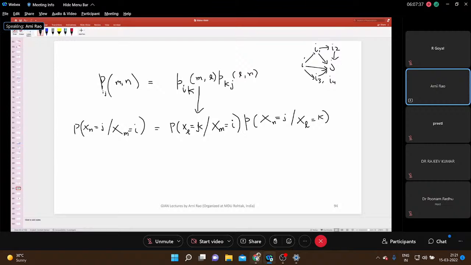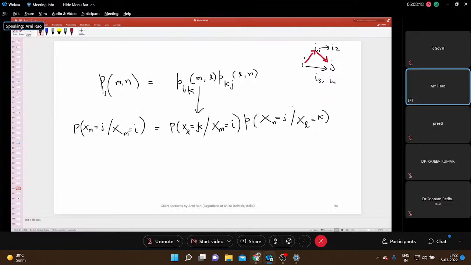It need not be direct. K could come from i to j, or i to i3 and i3 to j, or i to i1 and i1 to j. Your k could be i1, i3, i4, i2, whatever.